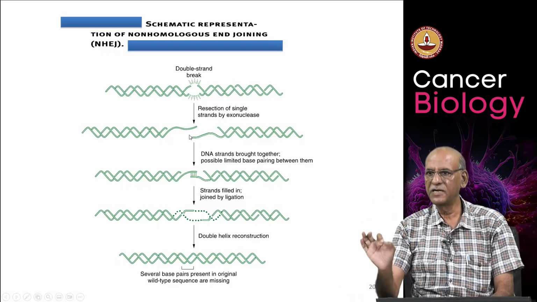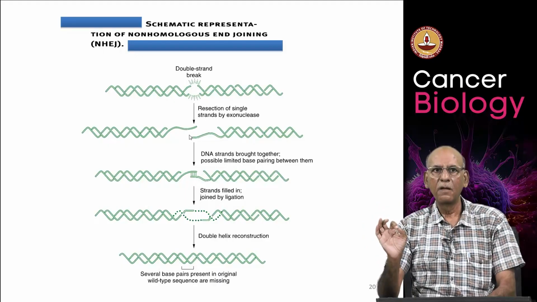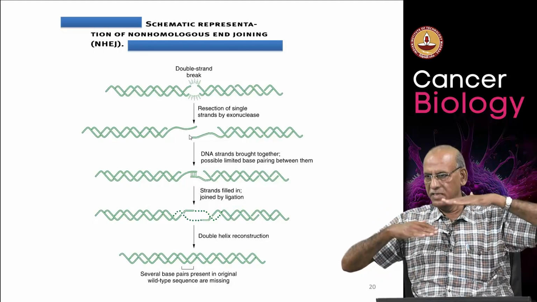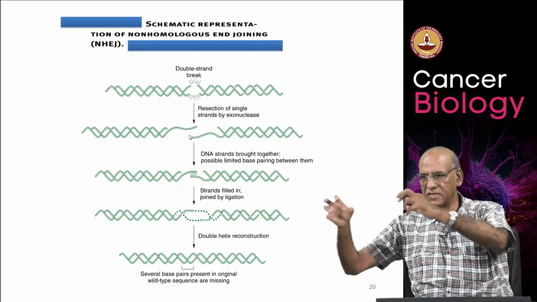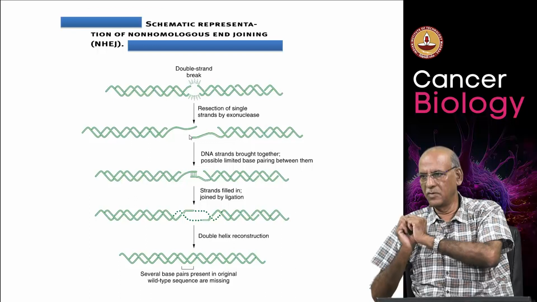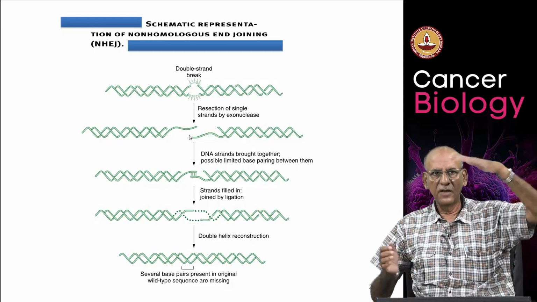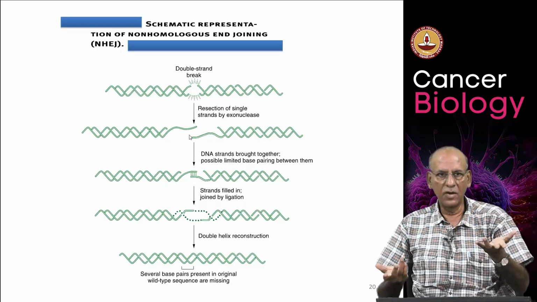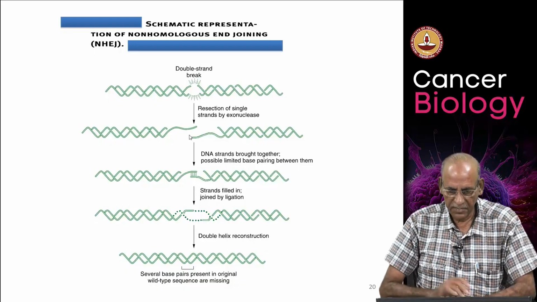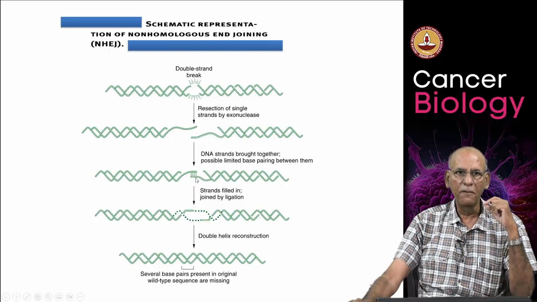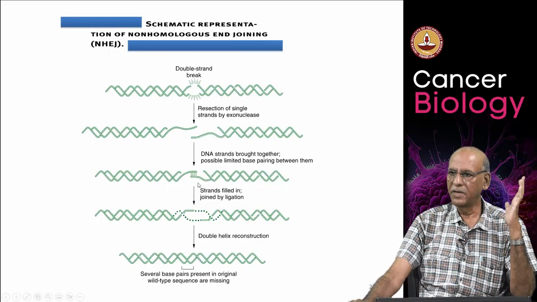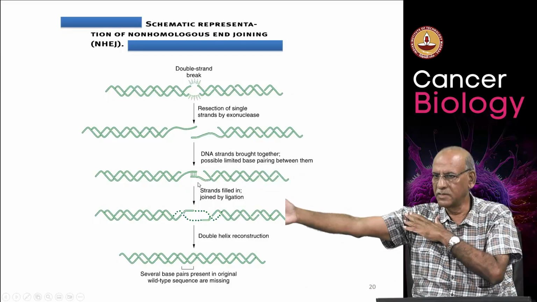The only difference is after creating the sticky ends, the partnering sequence, if it is taken from homologous chromosome, you call it homologous. If it is non-homologous, then you call it NHEJ, that is all. Now, you see from the same sticky ends, you look for some complementary sequence because it is a long sequence.